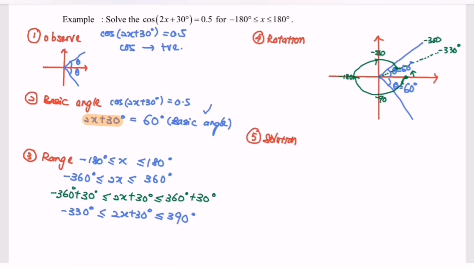So this will be the starting point, and we follow anti-clockwise until this part where it is 0.